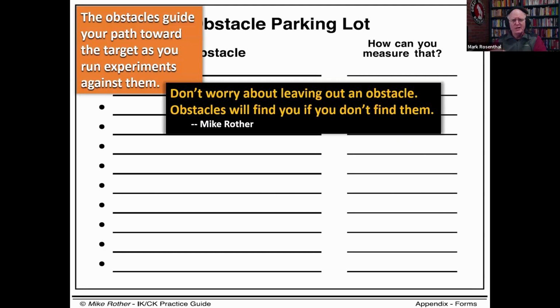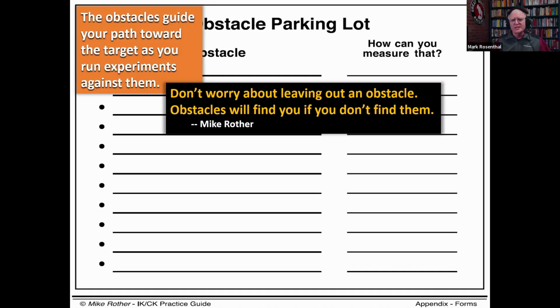So it's very common that the learner won't work on all the obstacles. This was a question Mike was asked: what happens if the learner leaves an obstacle off the list that I, as the coach, know is a problem? This was Mike's response: the obstacles will find you if you don't find them. So it doesn't have to be perfect.